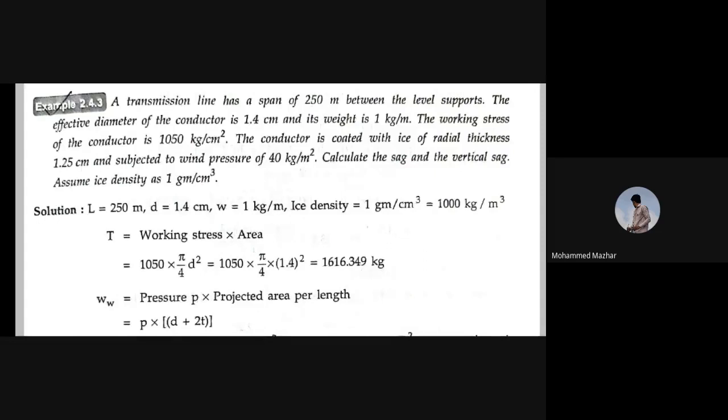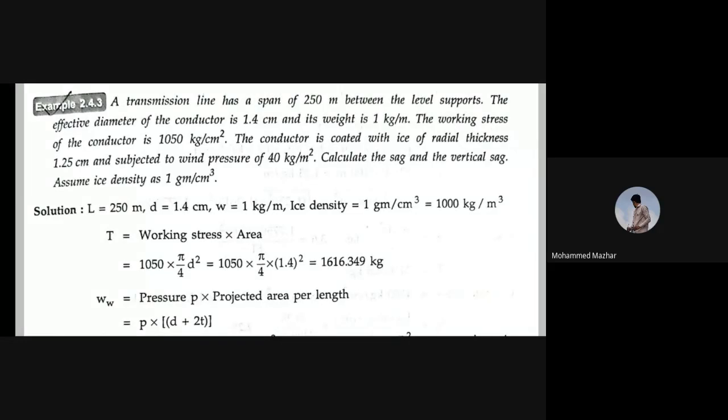Since it is only the surface, the projected area per length is the diameter plus the thickness of the ice on both sides.